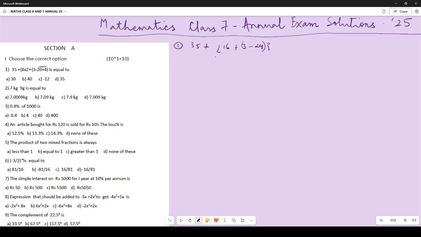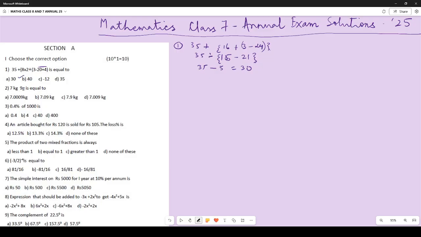So we have 35 plus 16 minus 21. 16 minus 21. Okay, so what we have over here is 35 minus 5, which is equal to 30. So the correct answer will be 30.